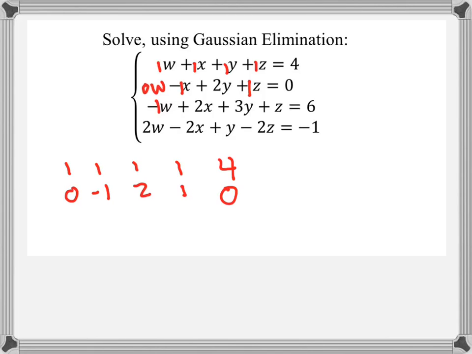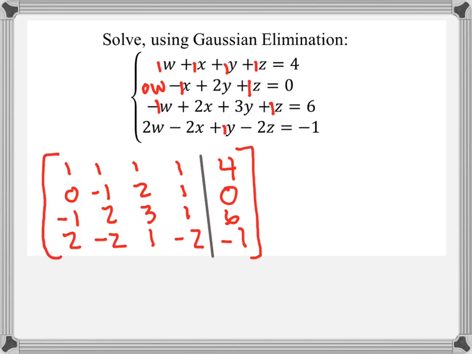Our third row will have a coefficient of -1 in front of our w and a 1 in front of our z. So the third row will be -1, 2, 3, 1, 6. Our fourth row is 2, -2, 1, -2, -1. So this is our augmented matrix.